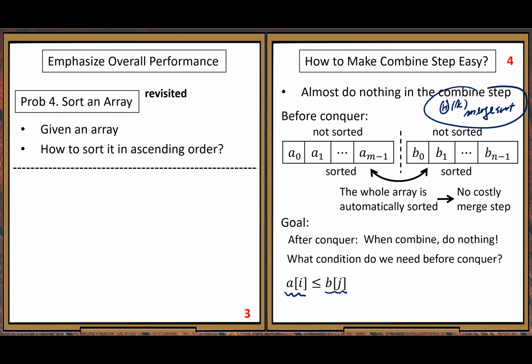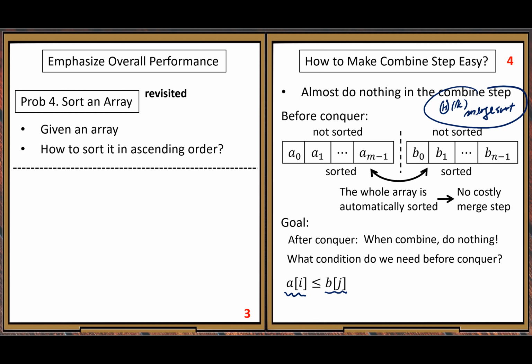Any value A of i, any element in A subarray, should be less than or equal to any value in B subarray. Or in another view, the maximum of A subarray should be less than or equal to the minimum of B subarray.